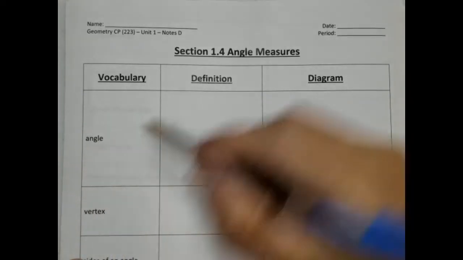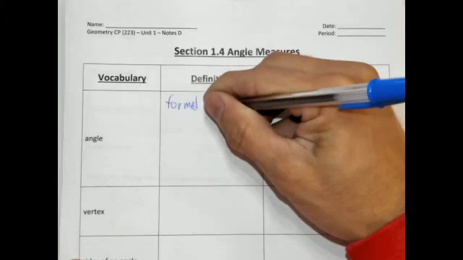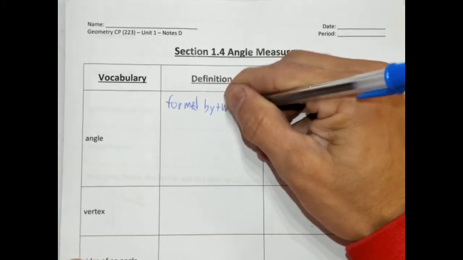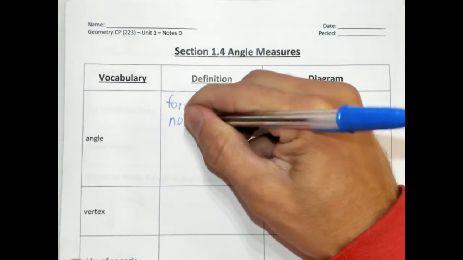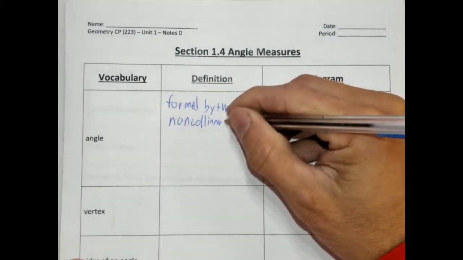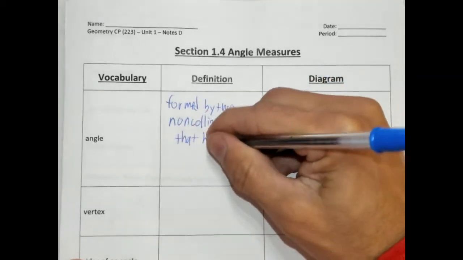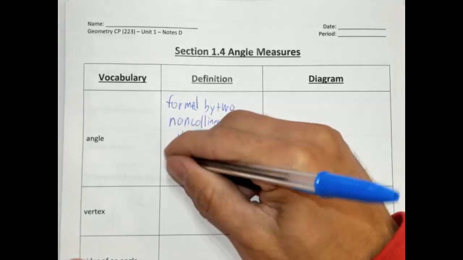So an angle is formed by two non-collinear rays that have a common endpoint.